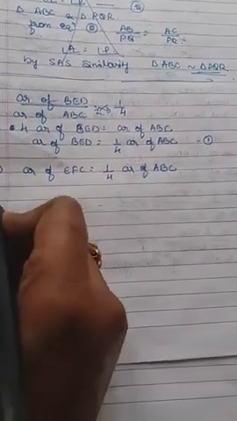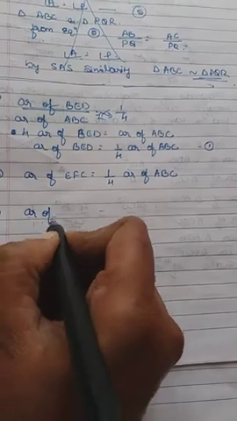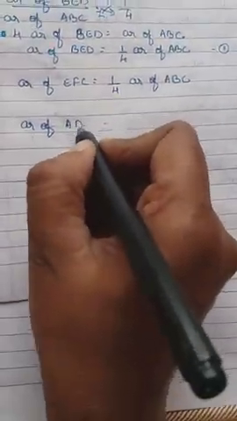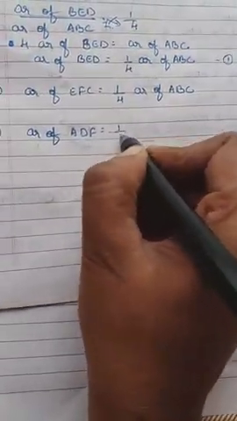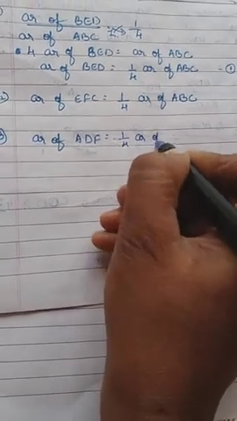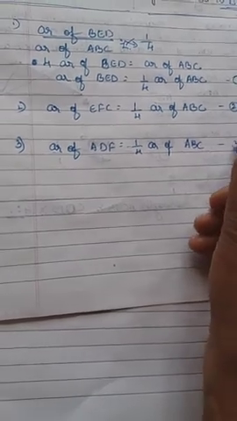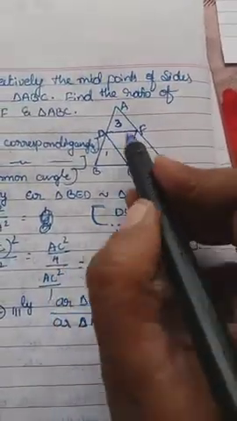And the third one is also the same, that is the triangle ADF: the area of triangle ADF equals 1 by 4 area of triangle ABC. This is 2 and this is 3. So we got the areas of all three triangles, 1, 2, 3.